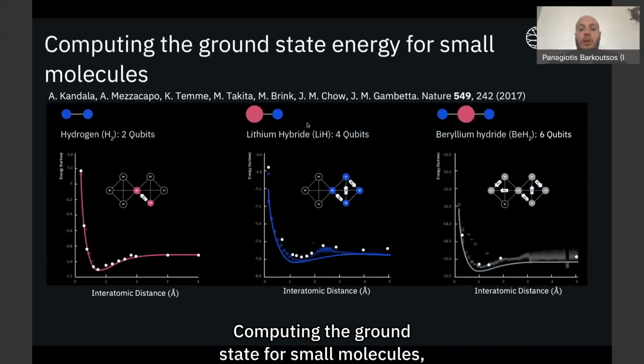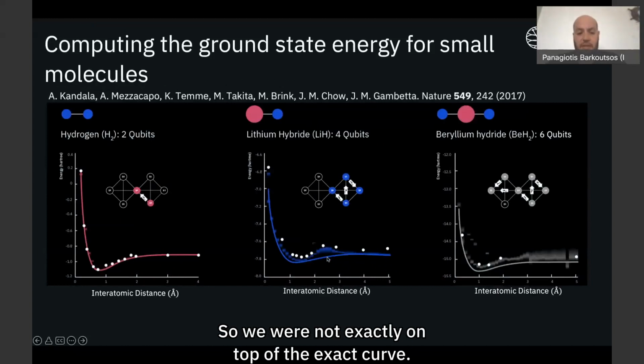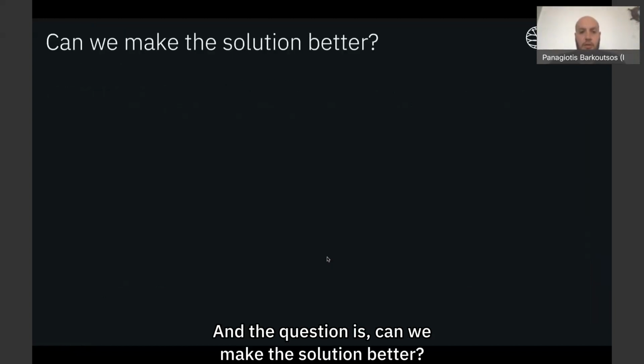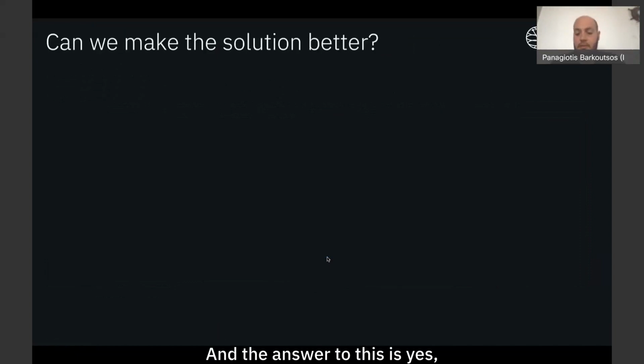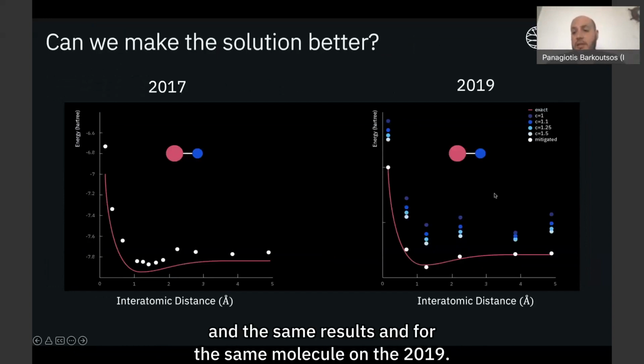Computing the ground state for small molecules, as I showed you already, the results were noisy, so we were not exactly on top of the exact curve. And the question is, can we make the solution better? The answer is yes, we can. You see the results from 2017 on the left and the same results for the same molecule in 2019.